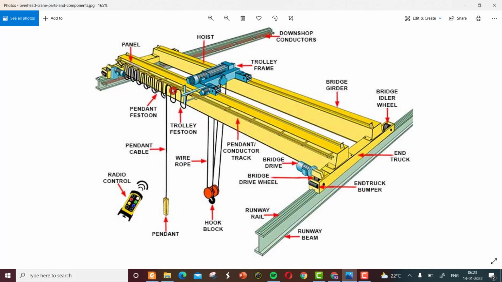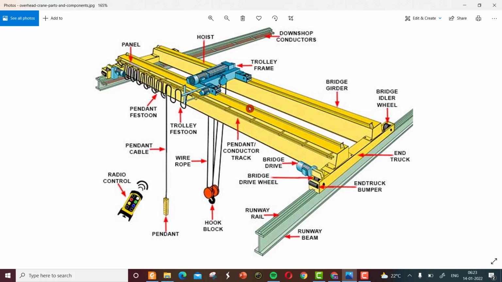These structures are called the crane truss, and it is also called crane bridges. There are numerous small detailings given in this figure.